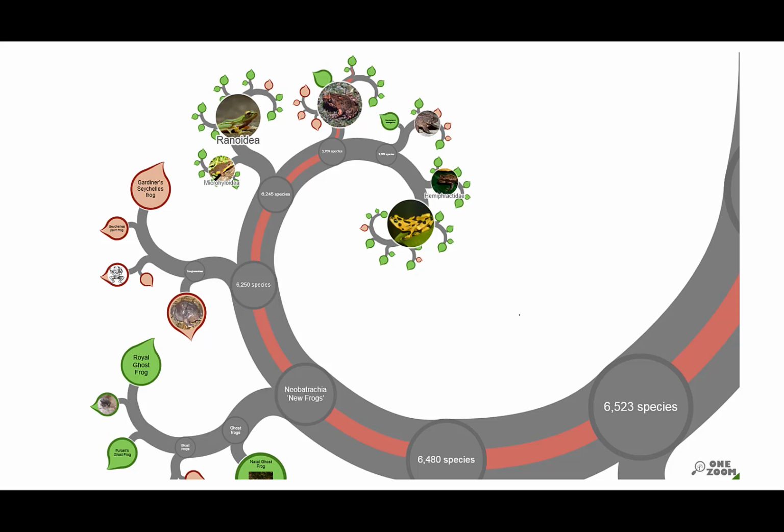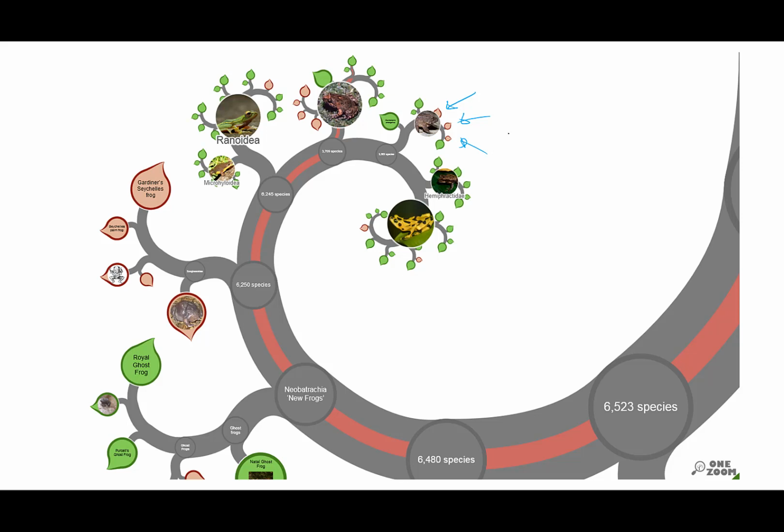But what is really interesting is that the tree is built not just based on our current knowledge of phylogeny, but if you look at the different colored leaves on the tree itself, those leaves are actually indicative of the IUCN categories that we find in the red list.